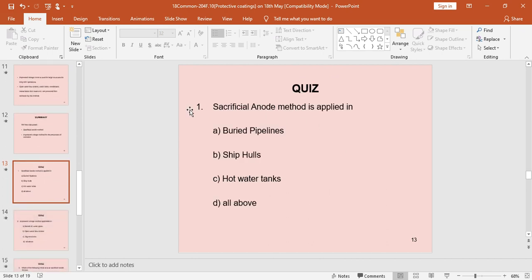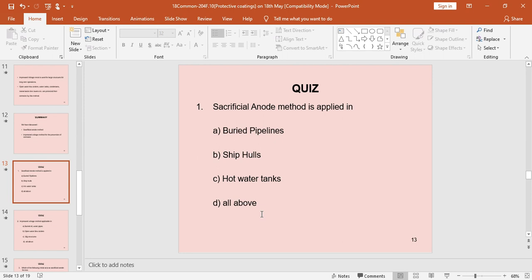Now see here some quiz questions. First one: the sacrificial anode method is applied in A. Buried pipelines, B. Cephals, C. Hot water tanks, D. All the above. Which is the correct answer?